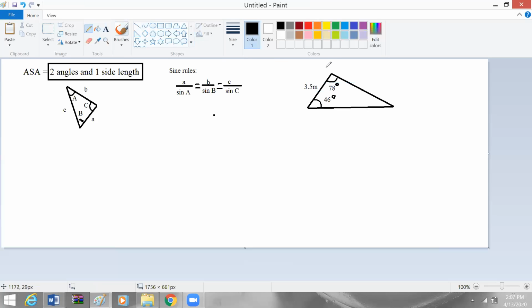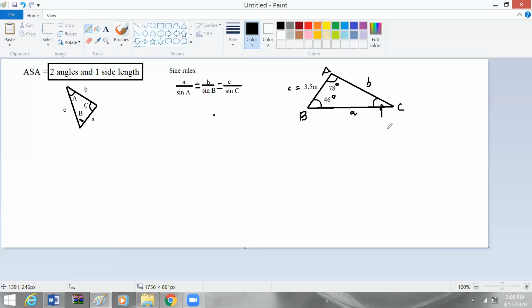Now I want to look for this. I call these A, B, C; it doesn't matter what the names are. This is angle A with the corresponding side length a, angle B with the corresponding side length b, and the corresponding angle C with the side length c. We need to find angle C so that we can apply the rule.